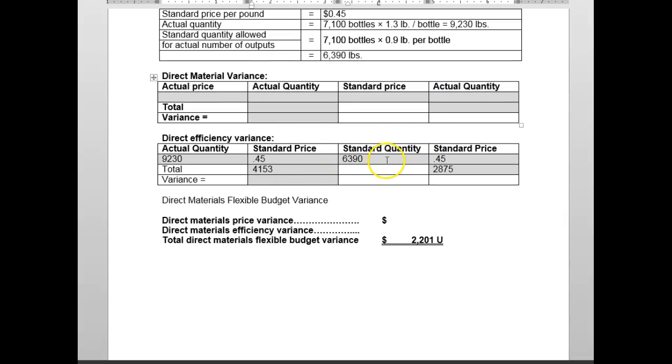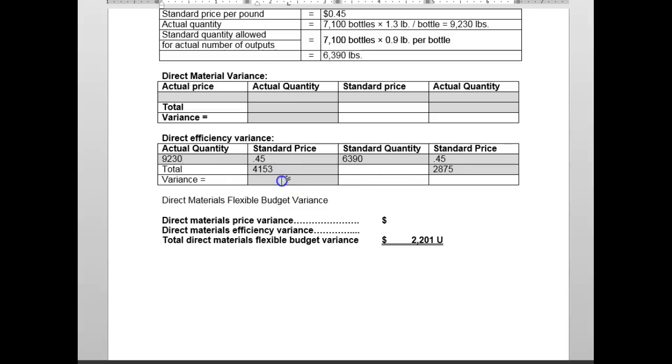Now, I've actually written this out for you so you can see, we're going to look at the actual quantity times the standard price, and the standard quantity times the standard price. This is what it should have cost us at the standard price. Now we're measuring the efficiency or the quantity.